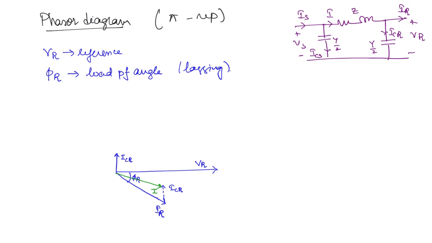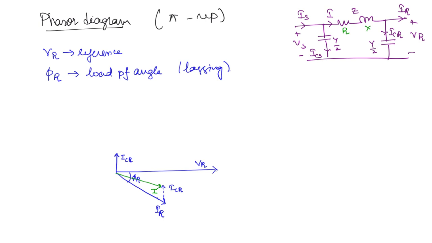Now once you get I, you can draw the voltage drop across the resistance and inductance. This is R and this is X. Now I into R is going to be parallel to I, so we draw it here.